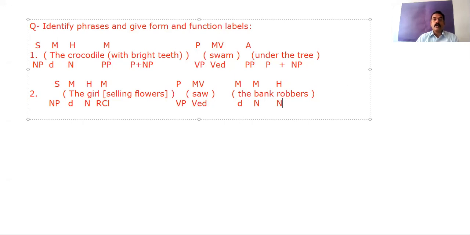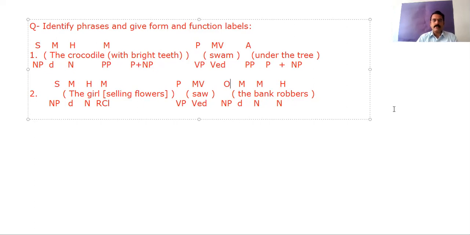But as we are talking about robbers and not the bank, robbers is the head and bank is pre-modifier, because bank is a word that is used for robbers who have looted the bank, right? So head is noun, so it is an NP, functioning as object, because when an NP comes at the third position, there are two possibilities.